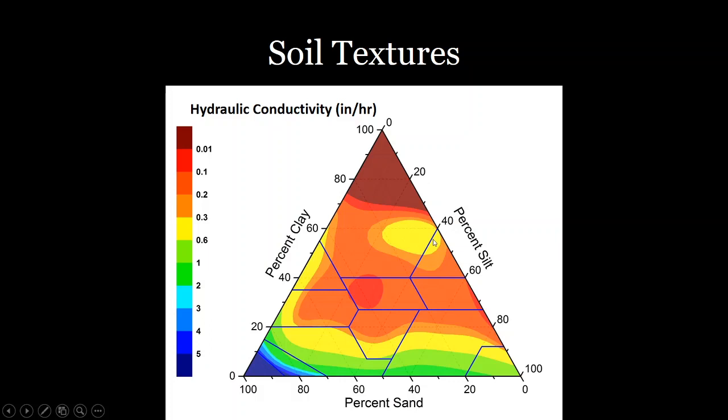Whereas, for example, here where you have no sand and it's just made up of silts and clays in equal proportion, then the hydraulic conductivity is higher because you don't have those void spaces being filled as easily.